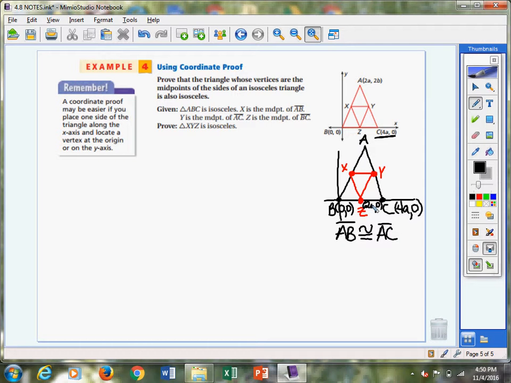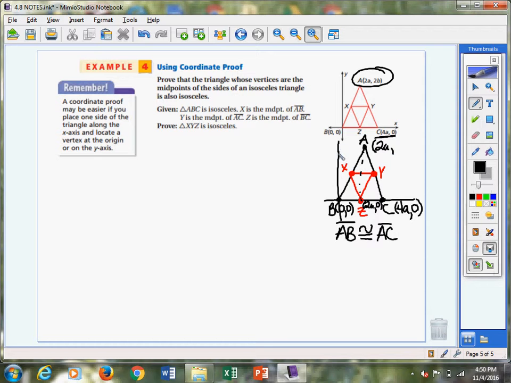Now if you look at point A in the diagram above, you're like, well, why did they call it 2A, 2B? Well, the 2A is easy. Z is directly underneath A. So if you go out to A, that's going to be the X part of point A. Now you're going to go up.